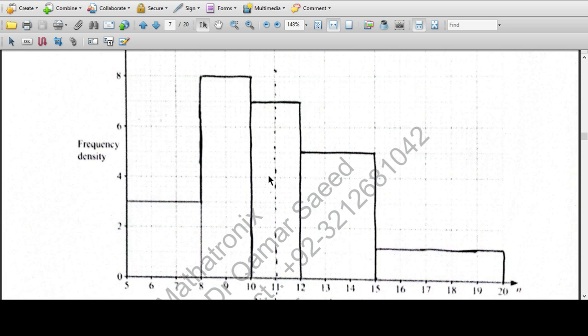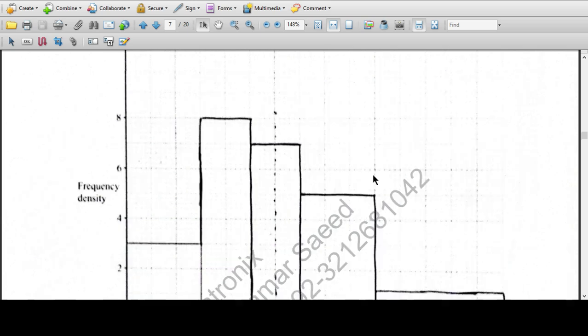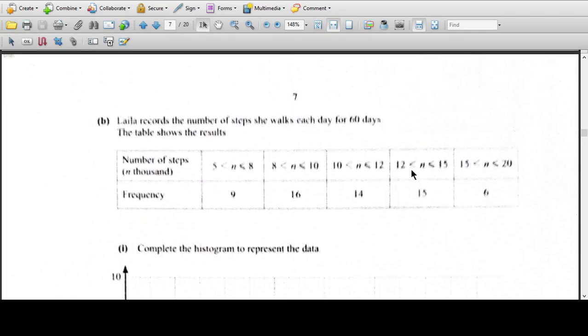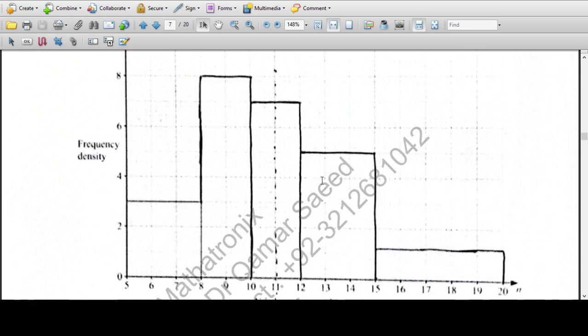For 12 to 15, the class width is 3, and 15 divided by 3 gives 5.